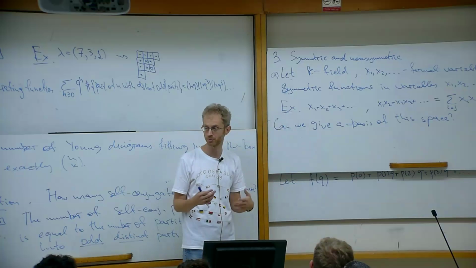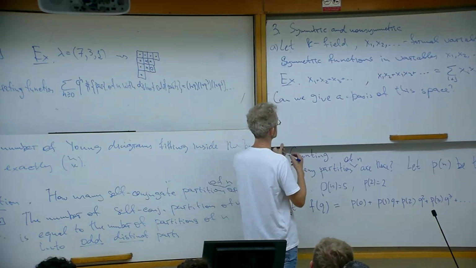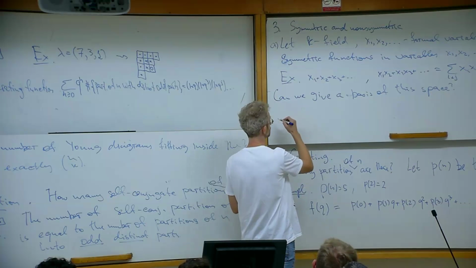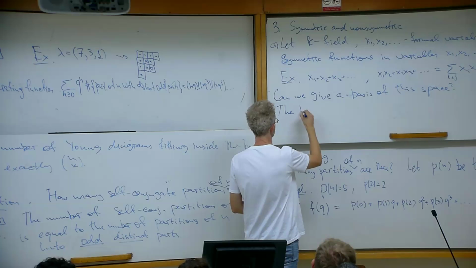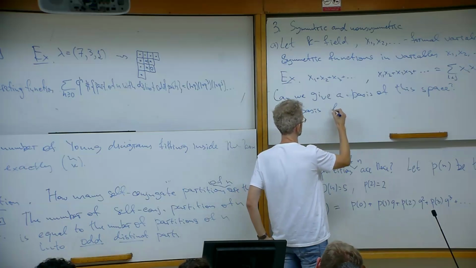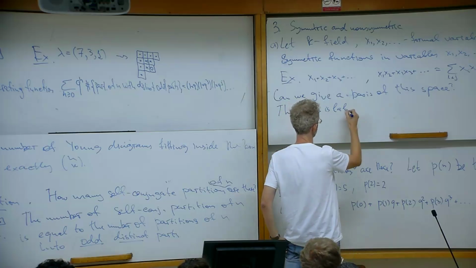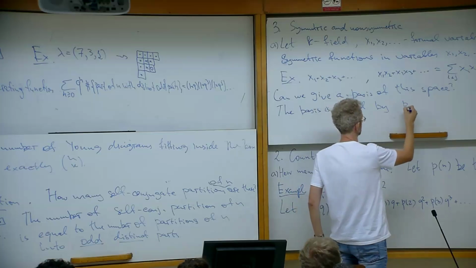Particularly, can we describe some basis? Actually, this is not complicated. Let me give you the answer. The basis is going to be labeled by partitions or by Young diagrams.